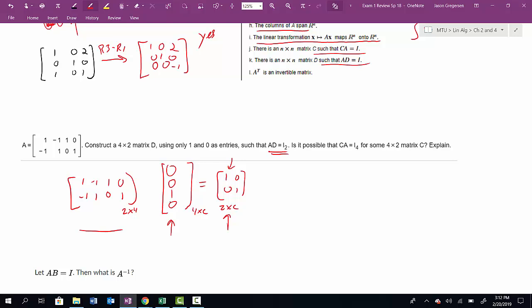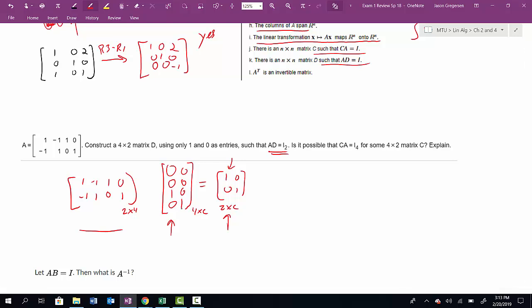Let's use 1 of these and none of the rest. That's really how I discovered my first column. Use that same idea. What should I use for the second column? Right, 0, 0, 0, 1. That should work.